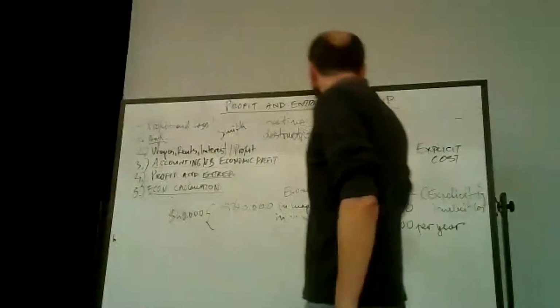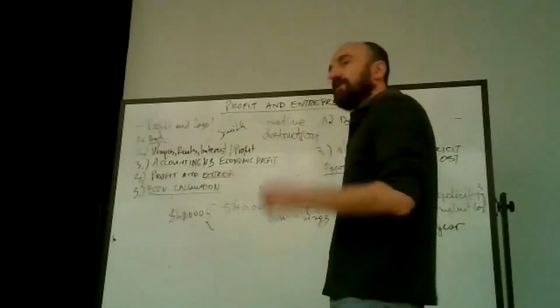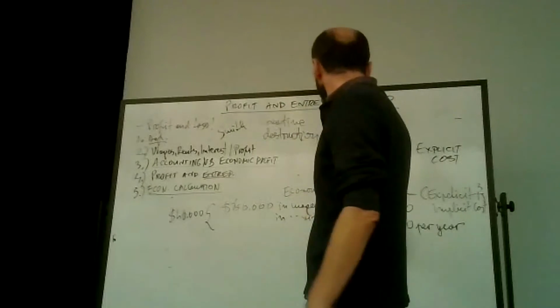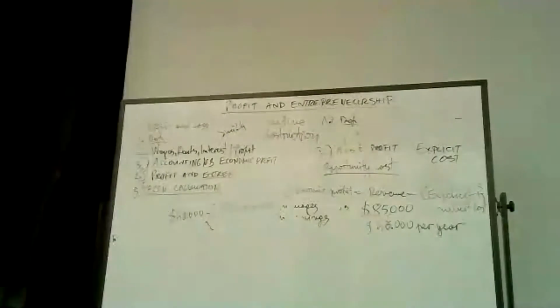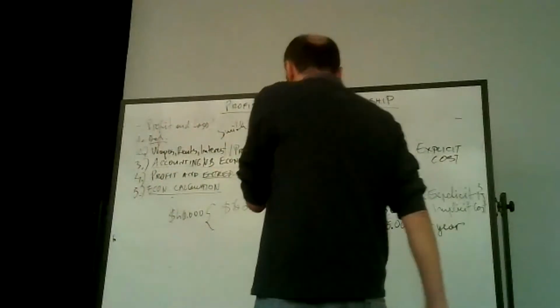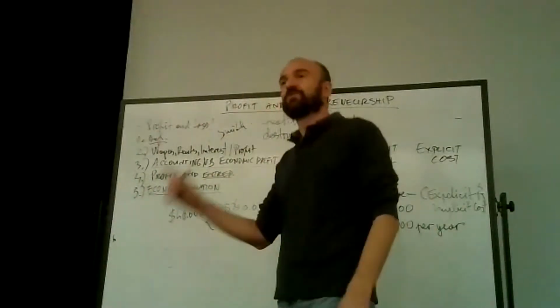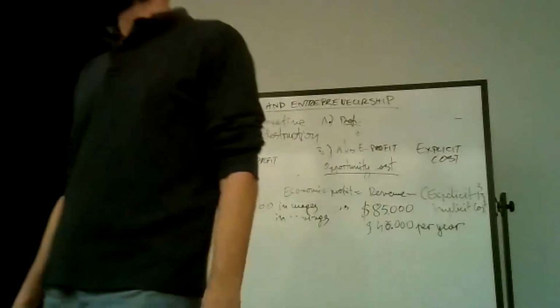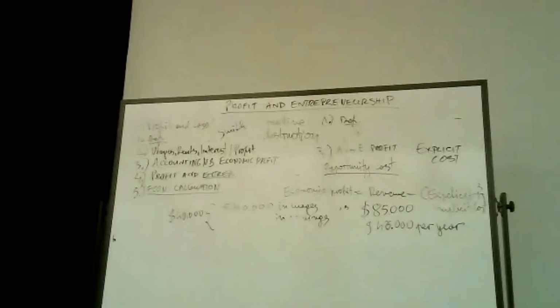So, if this is correct, the accounting profit here would have been $39,000. And then is it worth her while to do it? Economic profit accounts for explicit plus implicit cost. So what is implicit cost? The opportunity cost of her labor.